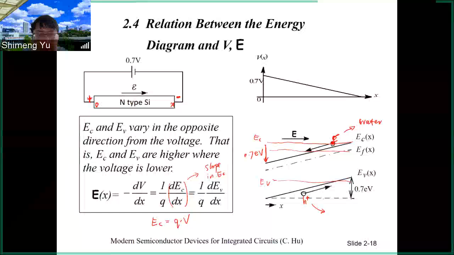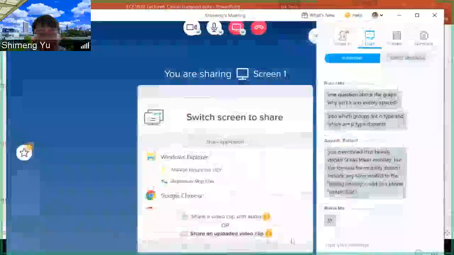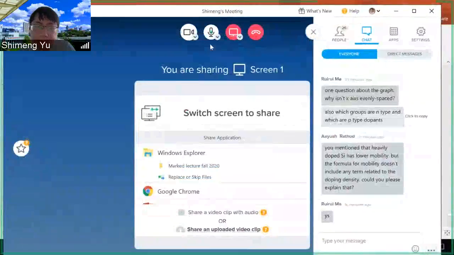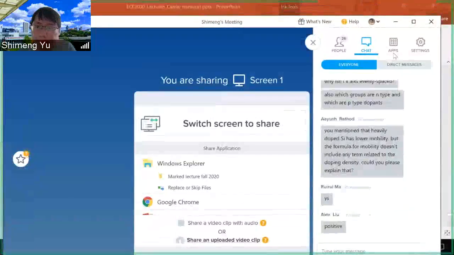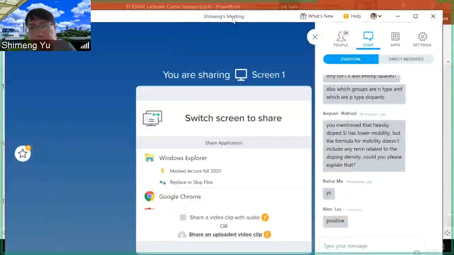And what is that? Can you guess? Hole is like what? Any idea? Anyone want to volunteer on the chat? We say that electron is like water, go to the lower potential. Then hole is like what? Go to higher potential.